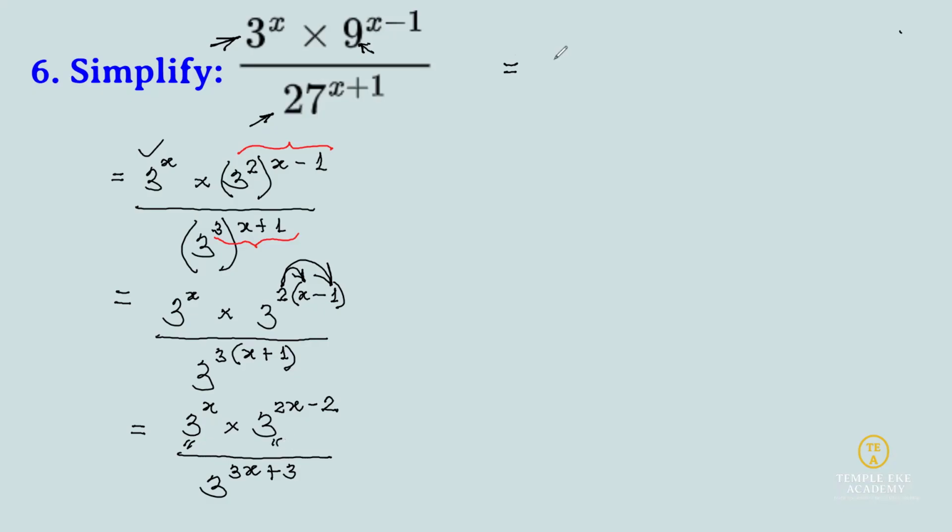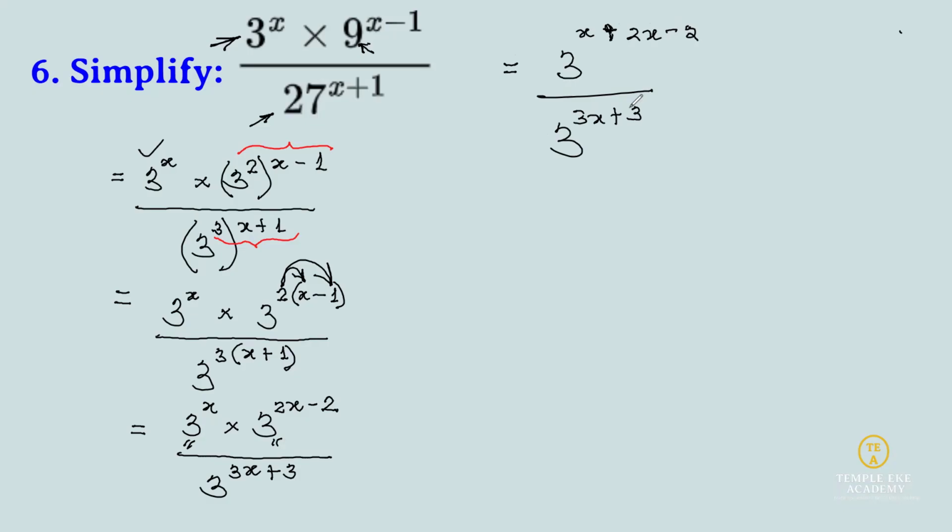So we go along with just one of the 3's to a power that requires combination of the existing ones. So let's have x added to the second power plus 2x minus 2. All of this divided by, in the denominator, 3 to the power 3x plus 3.